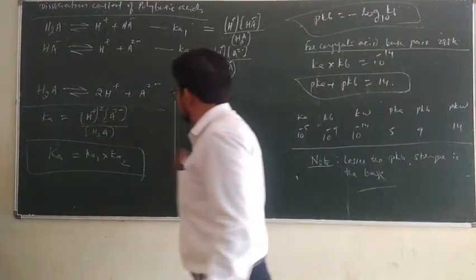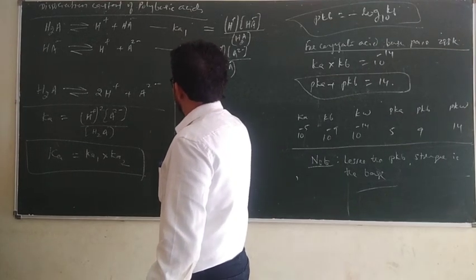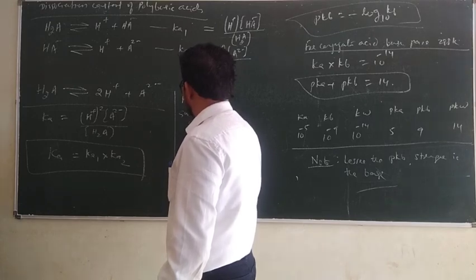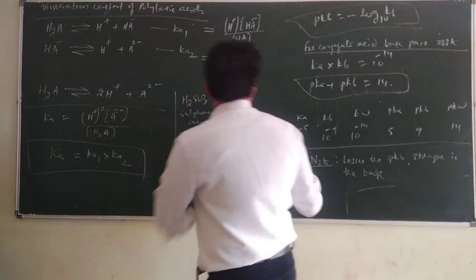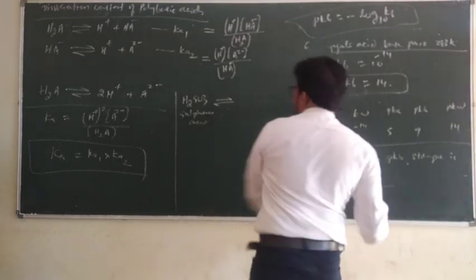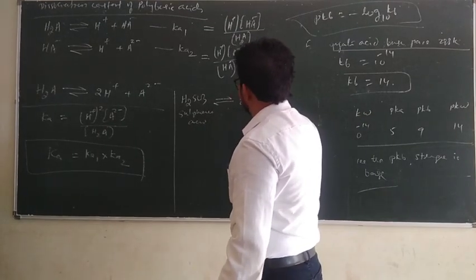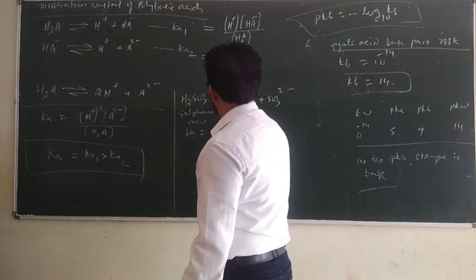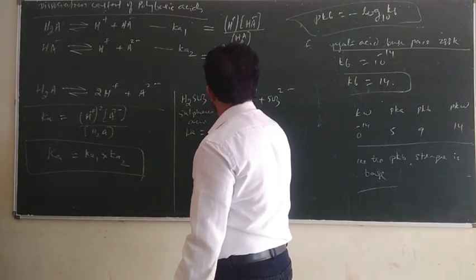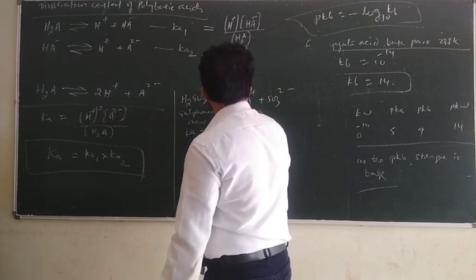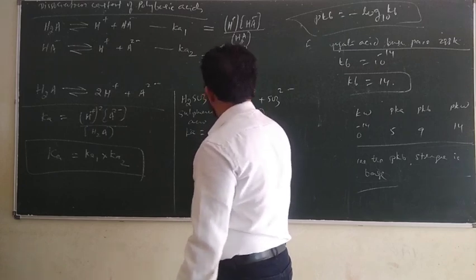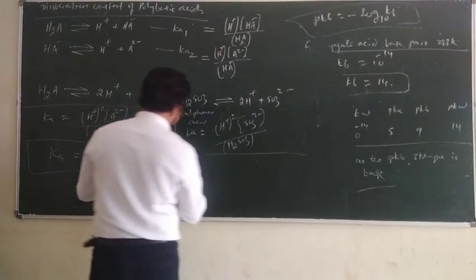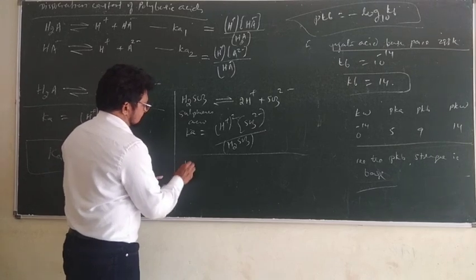One example I take: H2SO3, sulfurous acid, is a weak acid. So it ionizes to 2H plus and SO3 2 minus, and K will be H plus square into SO3 2 minus divided by H2SO3. So then what is the K1 value? How do you write K1?